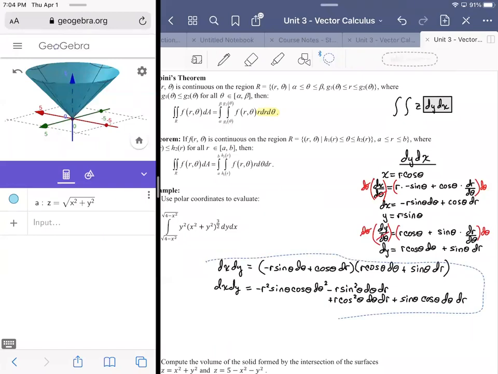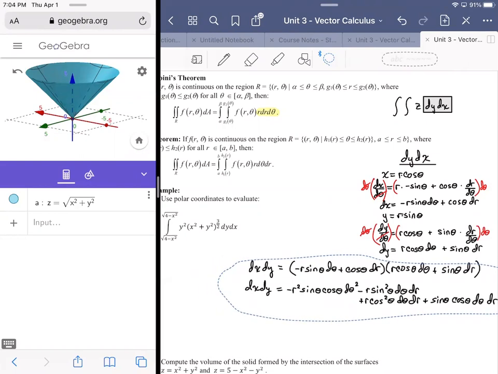Now this will simplify, and there's always a chance that I made a mistake algebraically, so I'll double check that. But we want to be thinking about how we can clean this up somewhat.